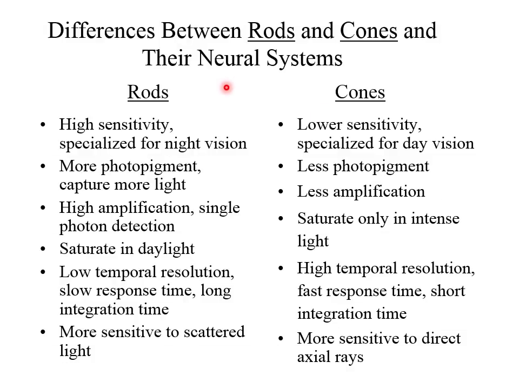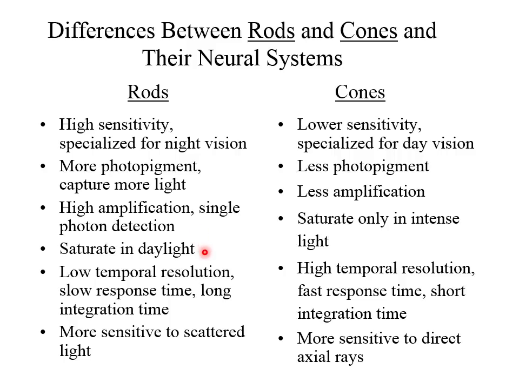We'd like to look at the differences between rods and cones, and then later on the neural systems connected to them. The rods have a very high sensitivity to light and are specialized for night vision. They have a tremendous amount of photopigment compared to the cones, and as a result, they can capture light more readily. They have high amplification so that they can actually detect a single photon, the least amount of light that can be presented.